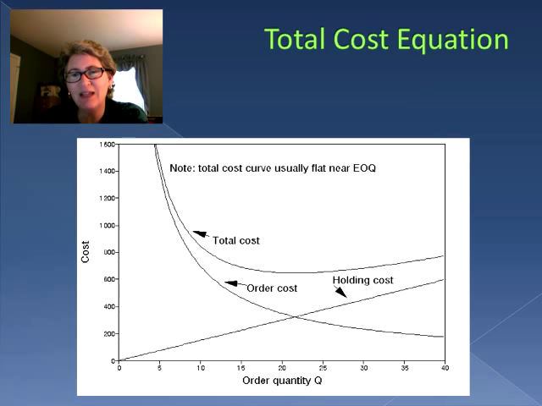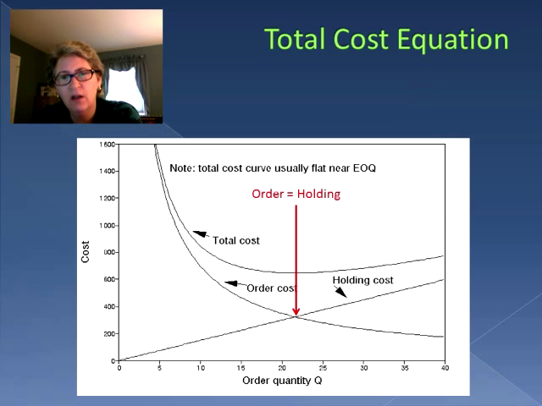Now, something interesting happens: you notice that the lowest point of that total cost curve is at the same point where the ordering cost is equal to the holding cost. So when that happens, we can actually calculate a value for Q to find out what that quantity is to minimize the total cost. All we have to do is set the ordering cost equal to the holding cost.